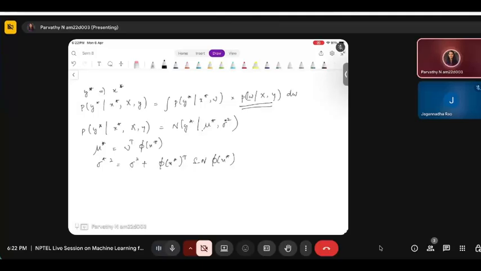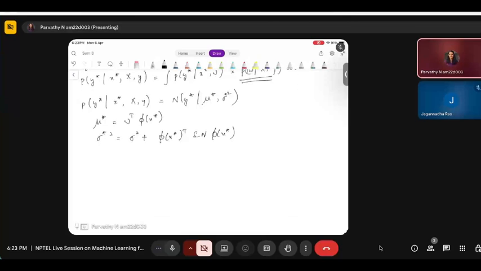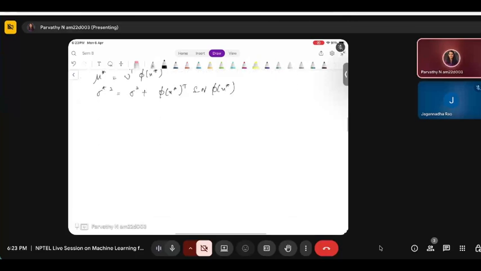This will tell us about the uncertainty of the model. So the maximum likelihood is equal to the mean squared error, and in Bayesian prediction, instead of a point estimate, we are trying to take the predictive mean and variance. We calculate that by taking this integral.